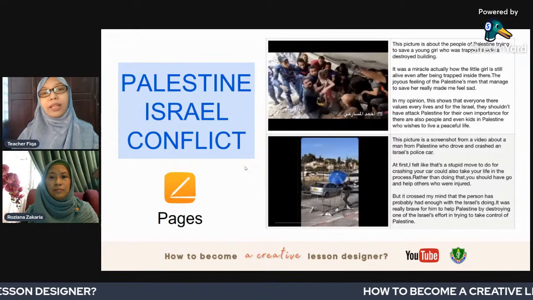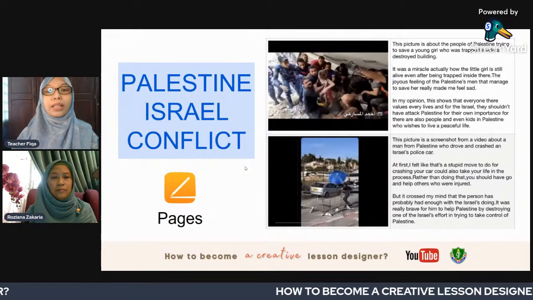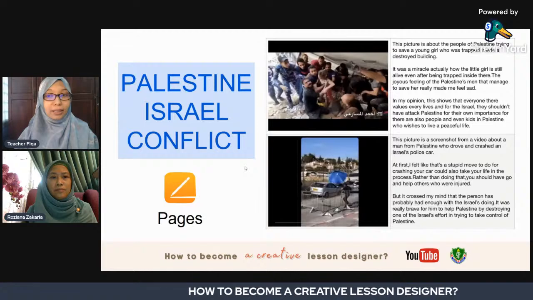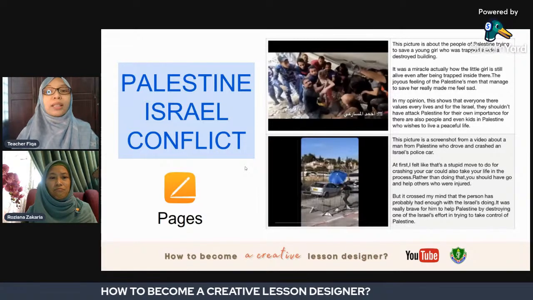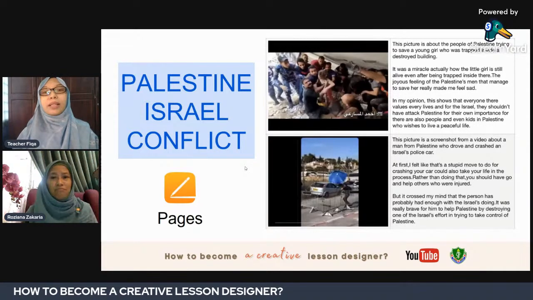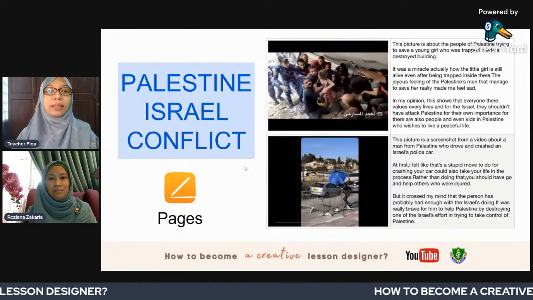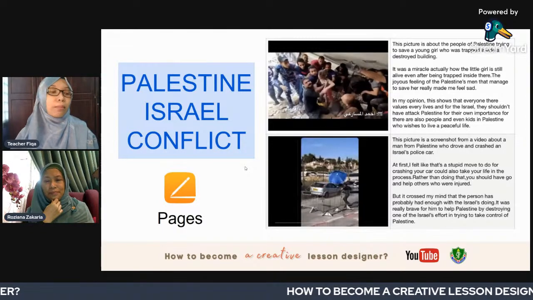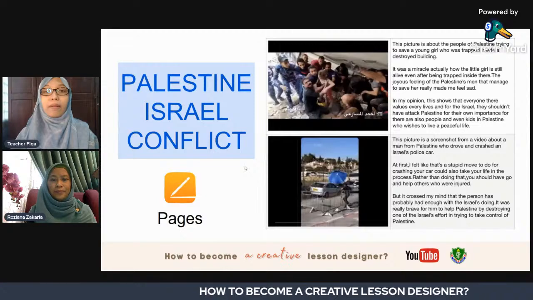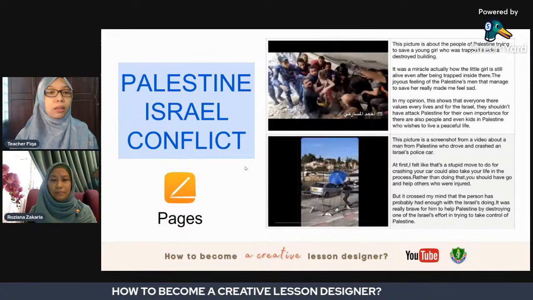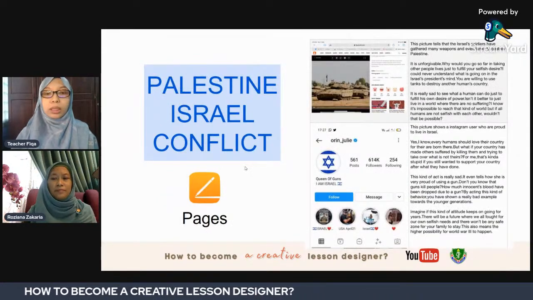In this activity, you can encourage your learners to express their feelings and inner thoughts in the descriptions they write. For this activity, I use the Pages app, just make a simple table and ask the students to submit the work in PDF format for easy marking. This is another example from my students.